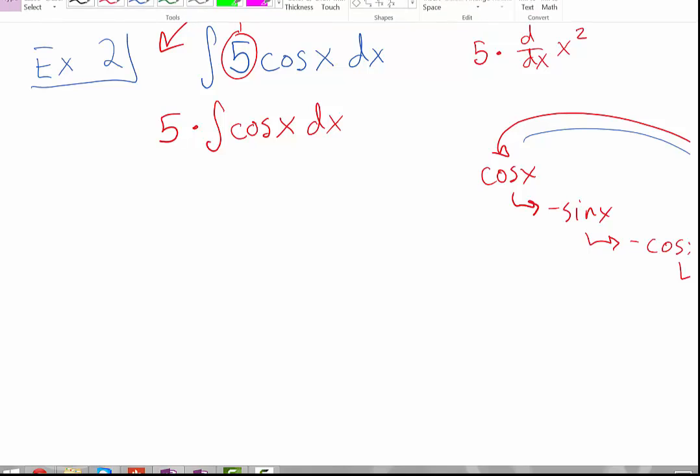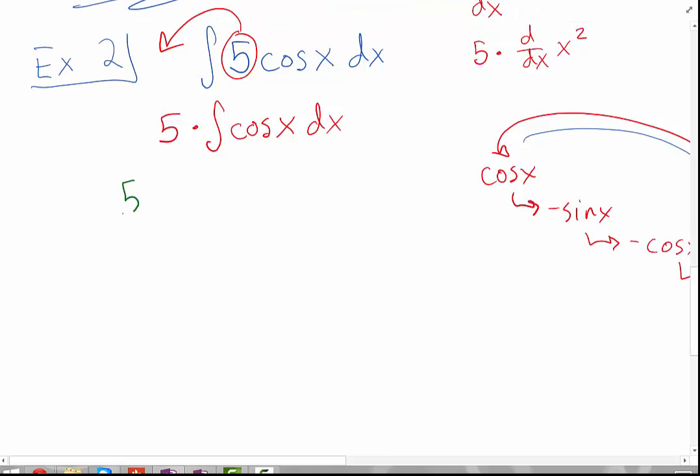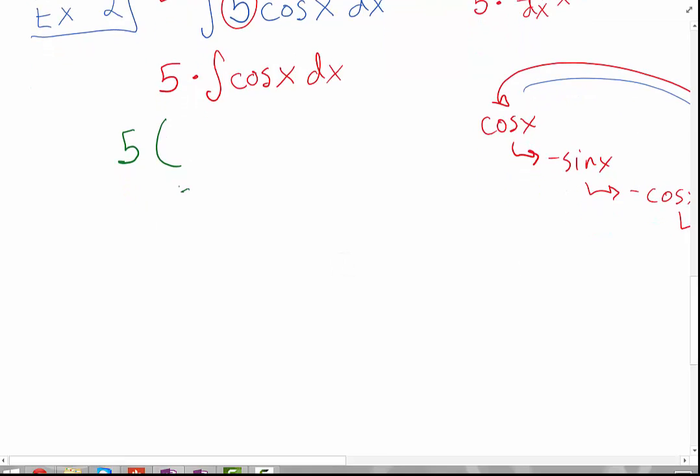So this will be 5 times the antiderivative of cosine x, which is sine x plus c.